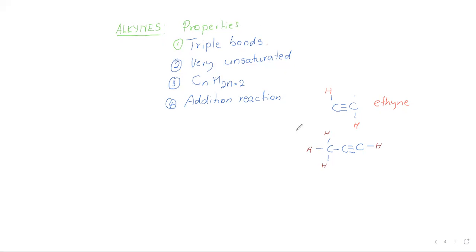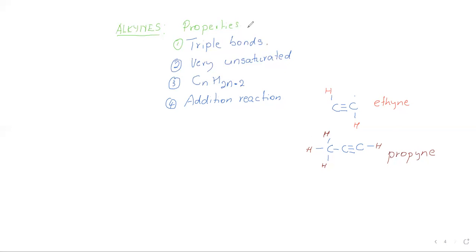Let's look at the formula here: we have 3 carbons, 2 times 3 is 6, 6 minus 2 is 4. That's the first hydrogen, the second, the third, and the fourth. That has that formula. And this kind of compound is called propyne.